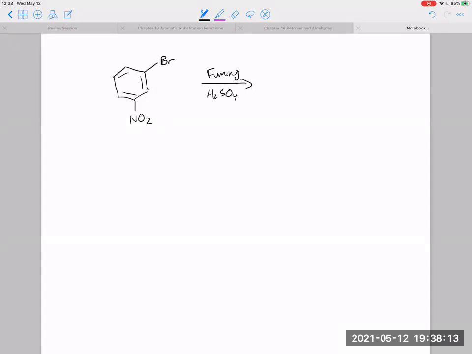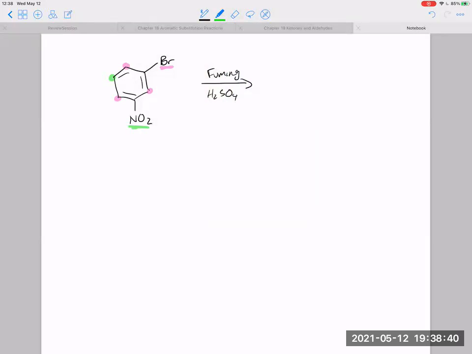Orthopara. So that means that bromine wants to put it here, here, or here. That's what bromine's going to direct to. But our nitro group is going to direct where? To the meta position. So our nitro group wants to put it there. This is really why I'm talking about order of importance.